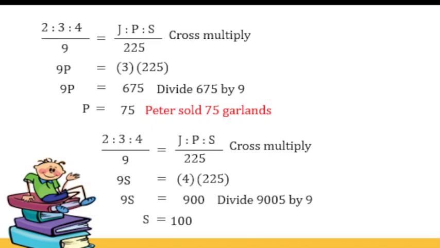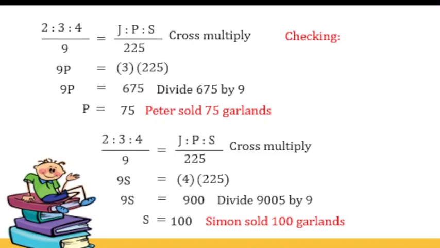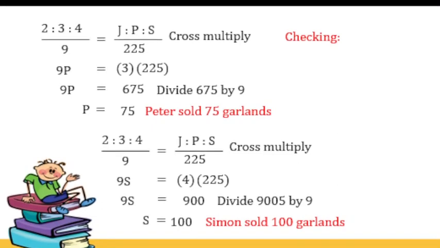Then if you want to check, J plus P plus S is equal to 225.